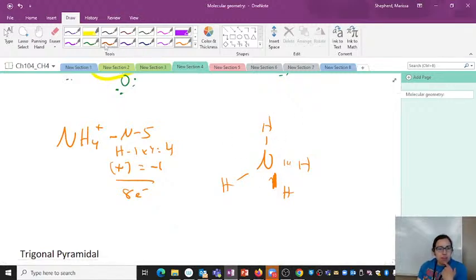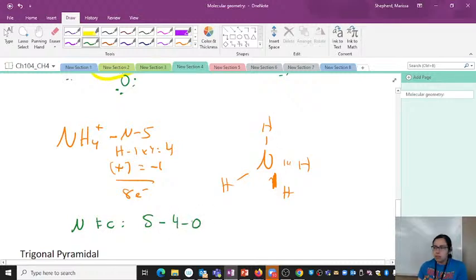But now let's look at nitrogen. Nitrogen's formal charge: it has 5 valence electrons minus 1, 2, 3, 4 bonds minus no electrons on there. And so that's where your 1 plus formal charge is hiding, on that nitrogen. So then you just want to indicate it, drawing your little plus sign there to show your formal charges.